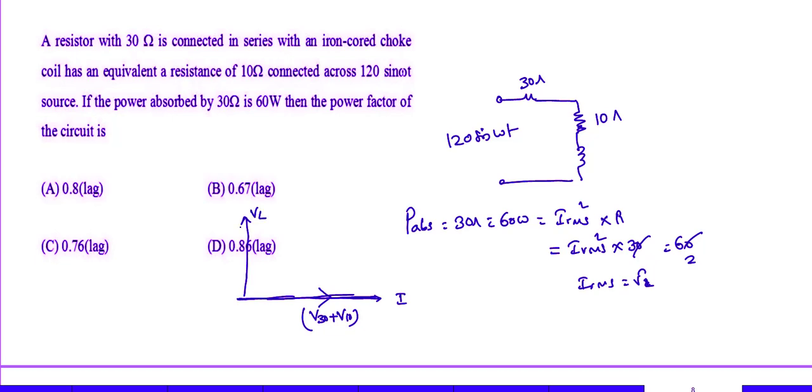Current lags the voltage. So the resultant voltage is V.